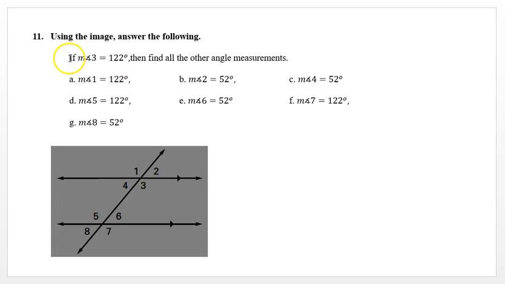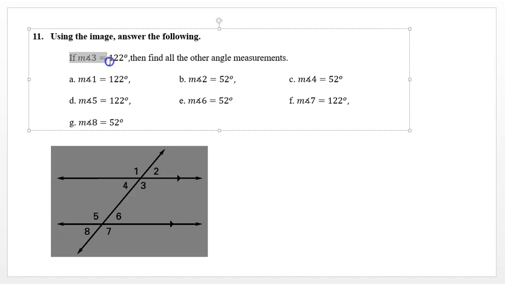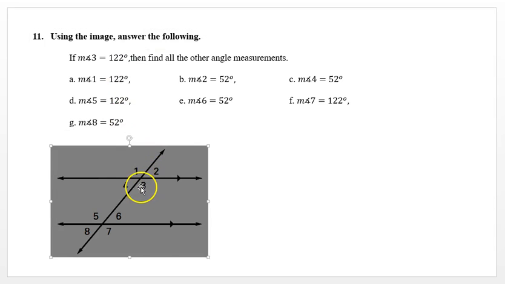And what I've given you is that the measurement of angle 3 is equal to 122 degrees. So if the measurement of angle 3 is 122 degrees, then you should know that angles 3, 1, 5, and 7 are also going to be 122 degrees.